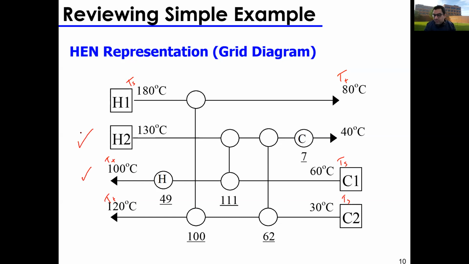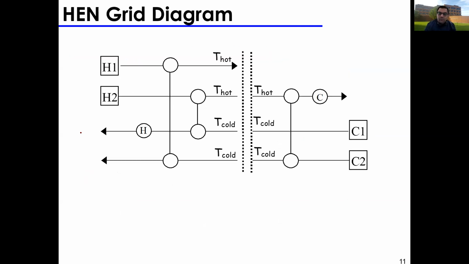So after doing this, I'm going to divide the problem into a hot problem and a cold problem, and we need to define two terms. So this side here, this is your left-hand side, and this is called above the pinch.